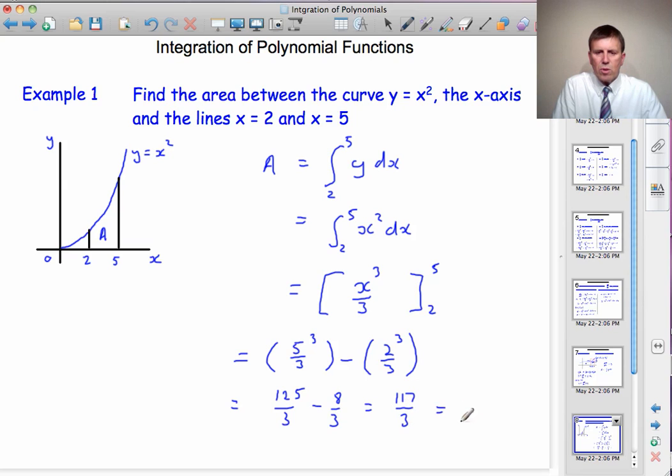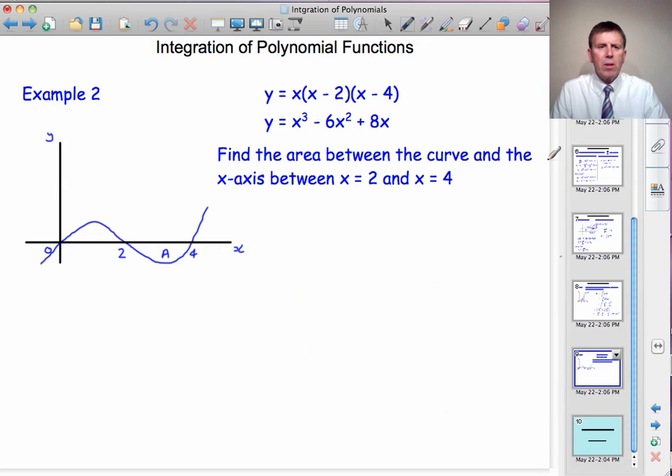And 3 goes into 117 exactly. 3 goes into 11 3 times, 2 left over, 3 into 27, 9. So it's 39 units squared. Whatever units we've set the graph up in, maybe it's in centimeters or meters, whatever. So the area under the graph between 2 and 5 and above the x-axis is 39 units squared.